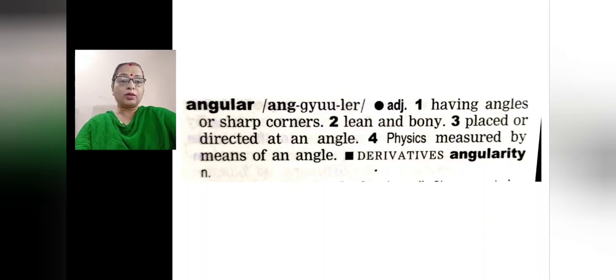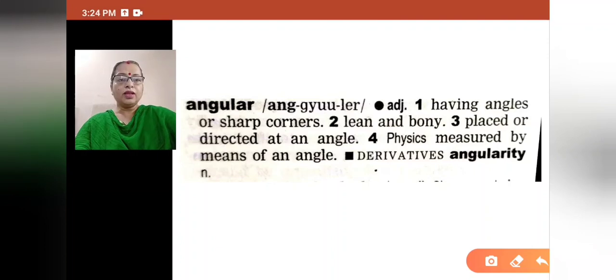Just beside angular, you can see within the slash pronunciation is given. Okay. You can see that this pronunciation is divided into syllables. Okay. And how many syllables are there? Angular. That means it has 3 syllables.